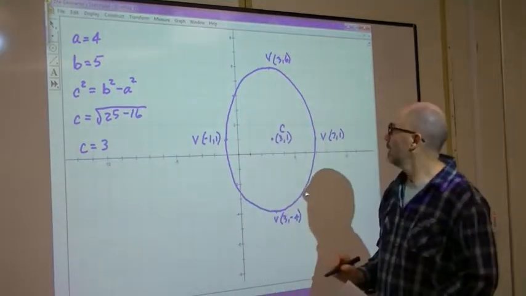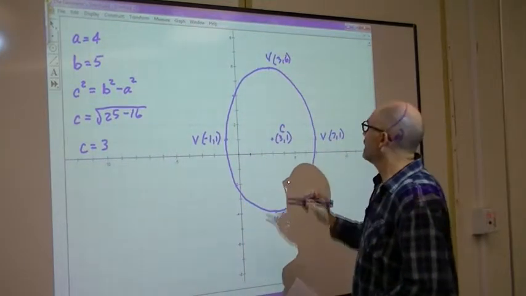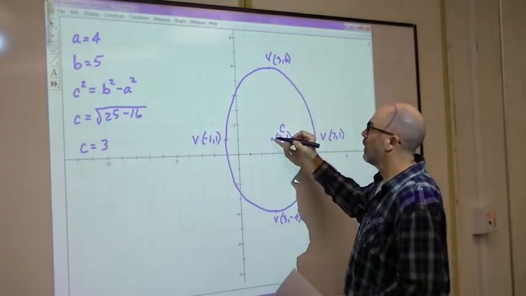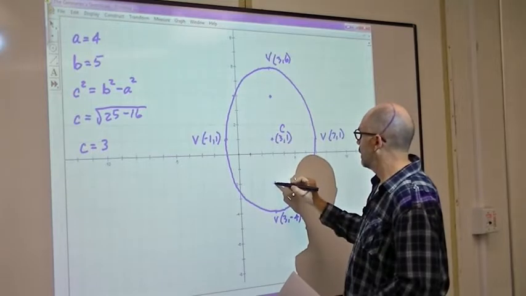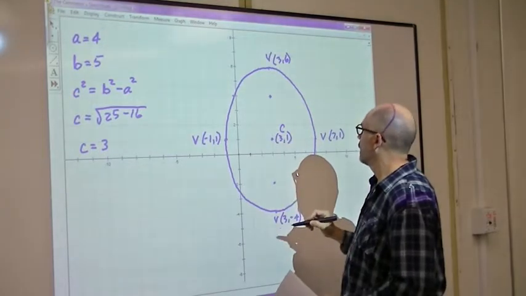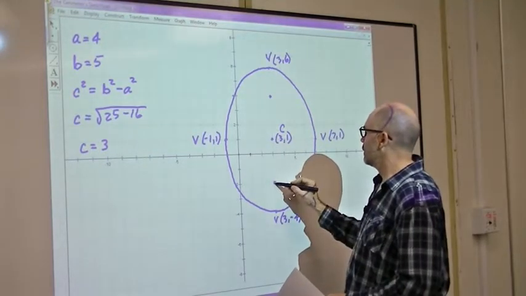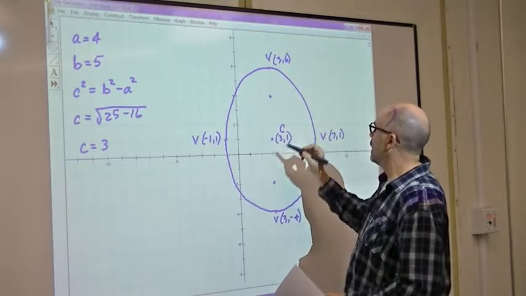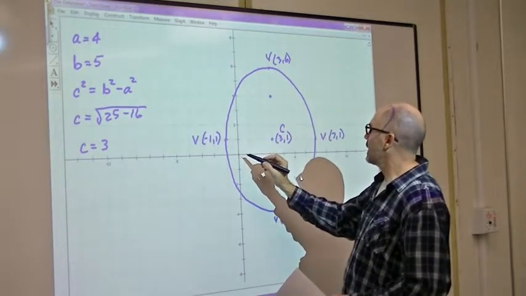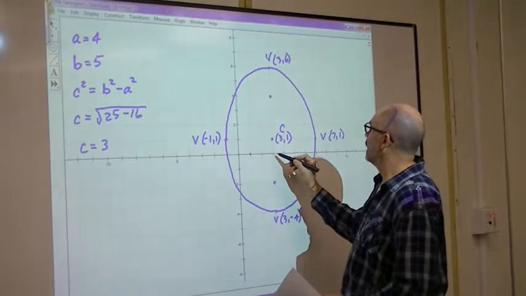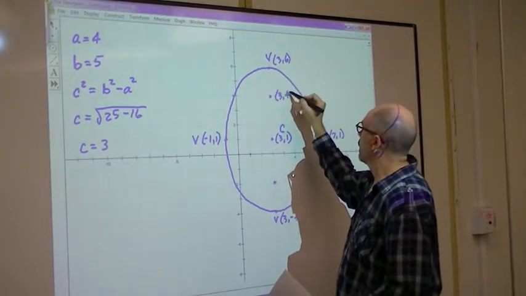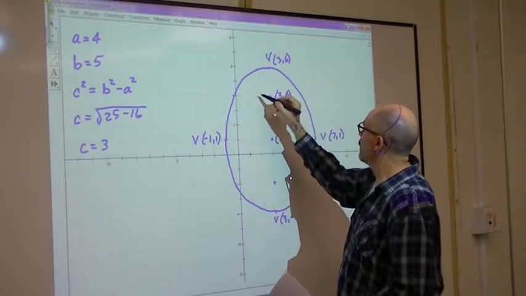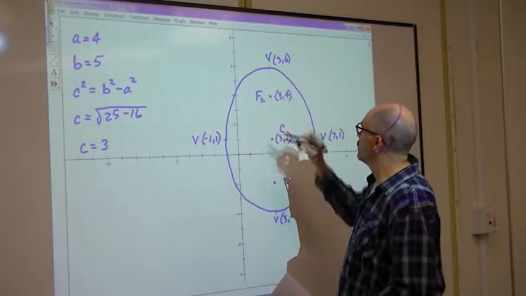What does that tell us? That tells us that the foci are 3 up and 3 down from the center. So my one focus is going to be (3, 4), we'll call this F2.